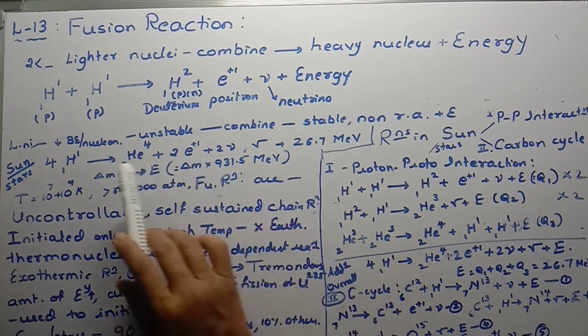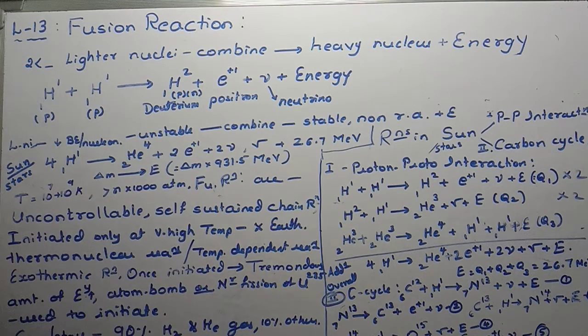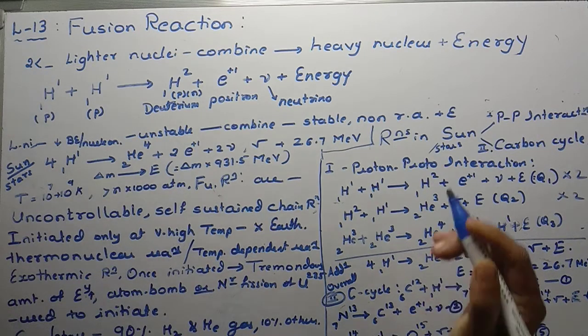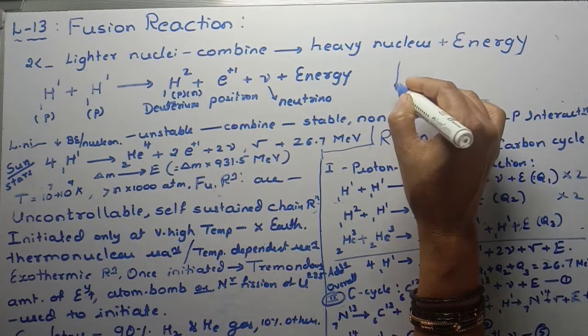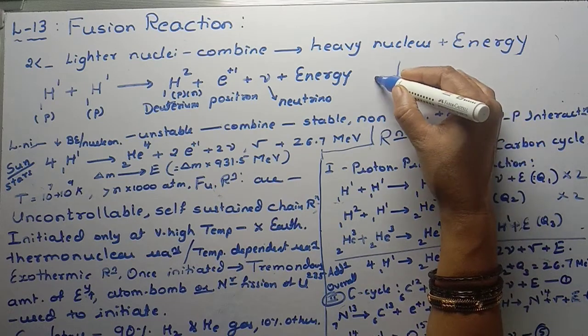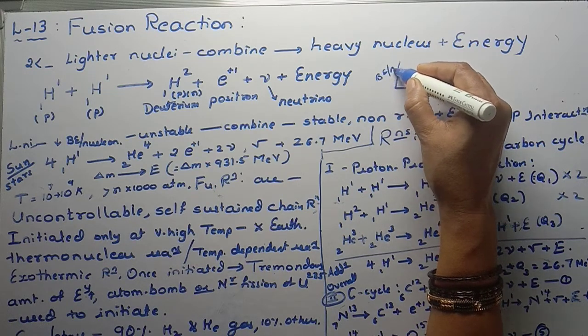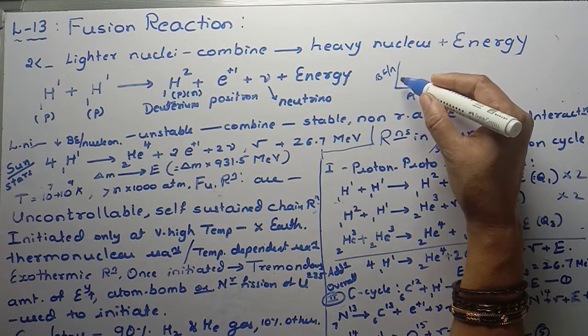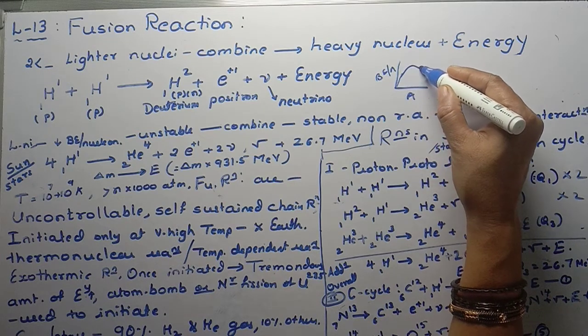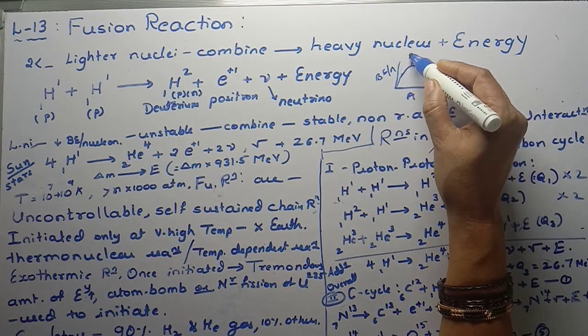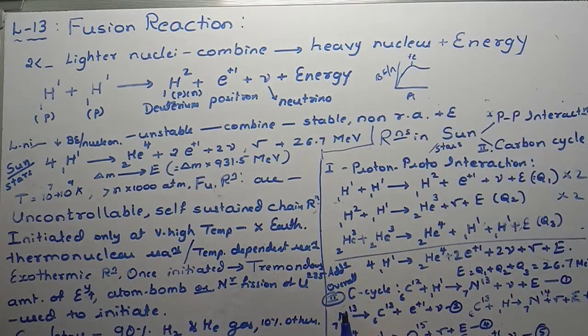See, while studying nuclear instability, you have seen the graph of binding energy per nucleon versus atomic mass number. Here it is the iron. This graph is familiar to you.